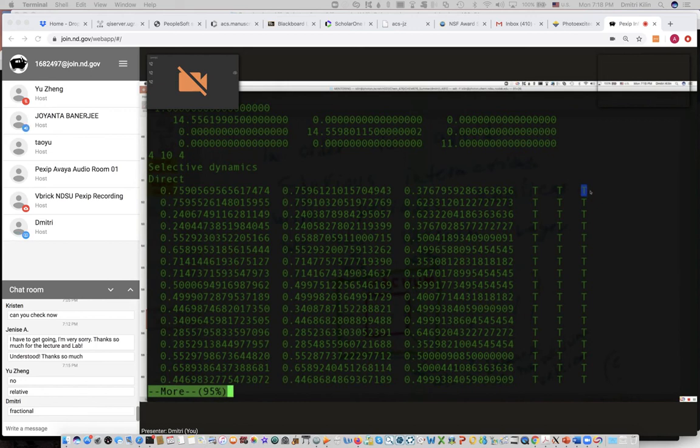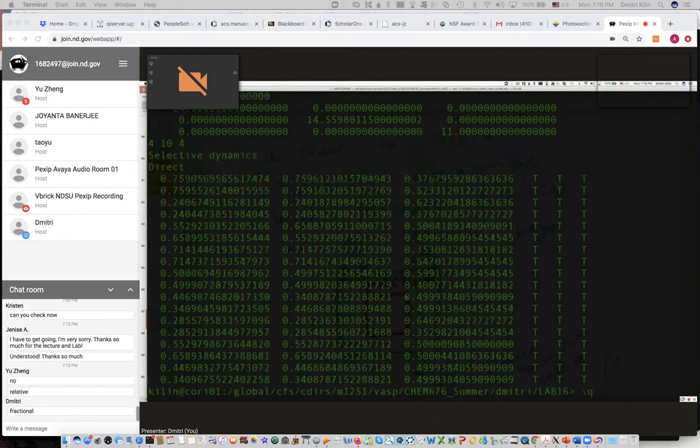Okay. Copy from template from bin the K points file.